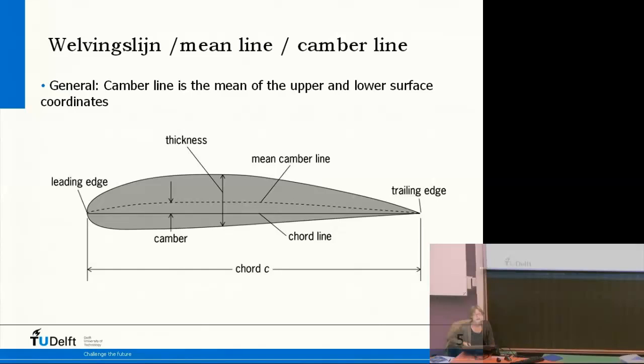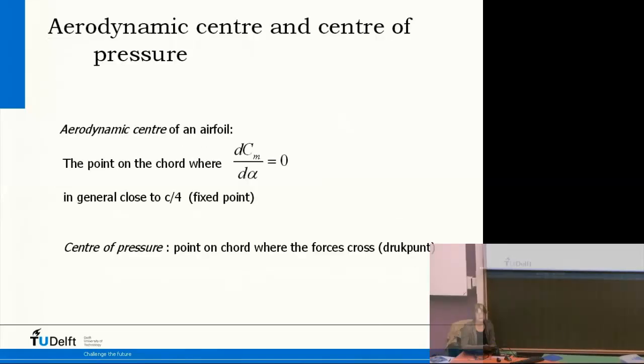But for a cambered airfoil, which is bent, the mean camber line is different from the chord. So as you see here. Then the thickness is like this, and typically what is reported in airfoil theory is the maximum thickness. And in Dutch it's welvingslijn, the camber line.